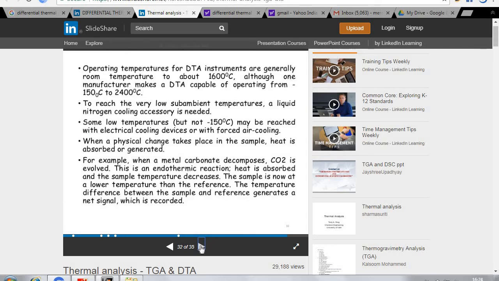The operating temperature for these instruments will generally be in the range of room temperature to 1600 degrees Celsius. Okay, and then they can also be operated from 150 to 2400 degrees Celsius.